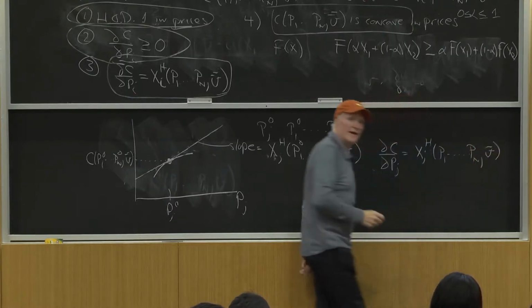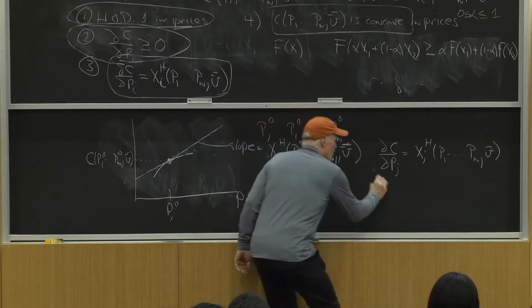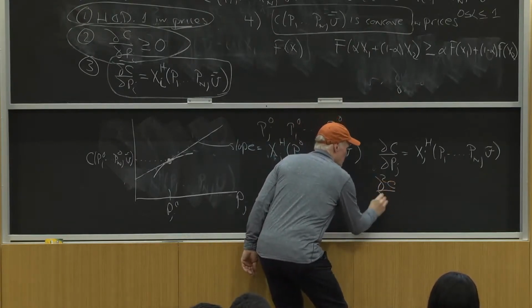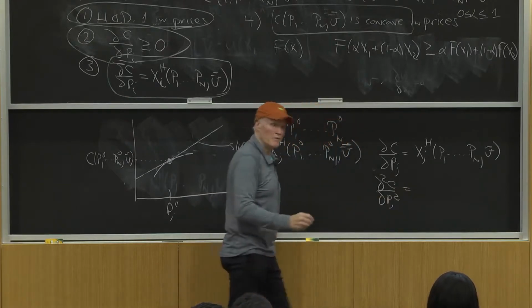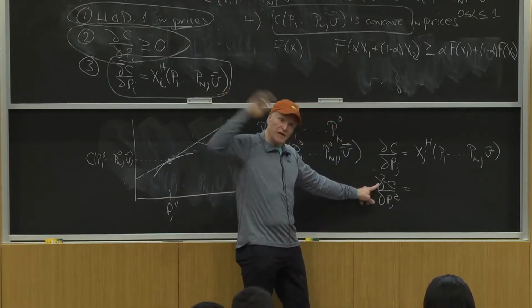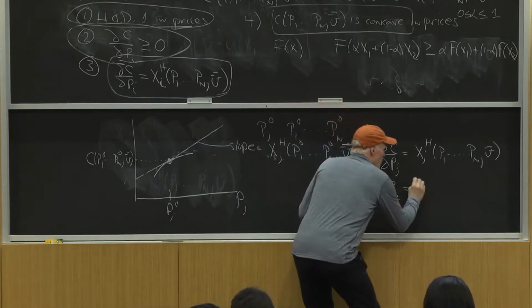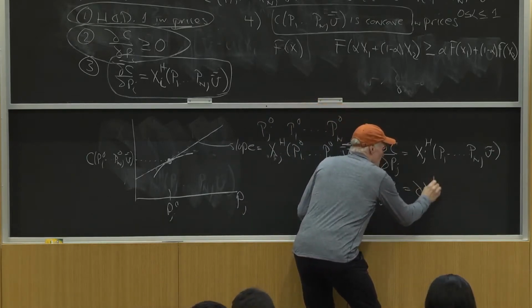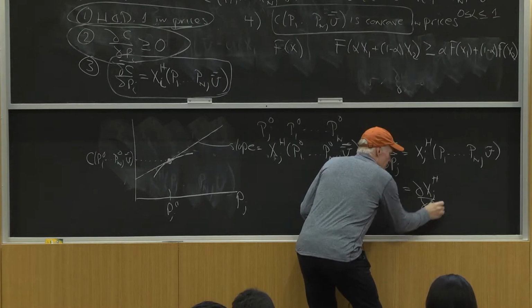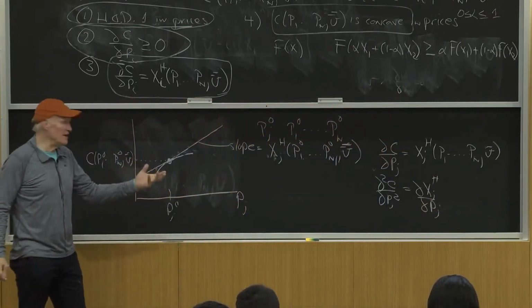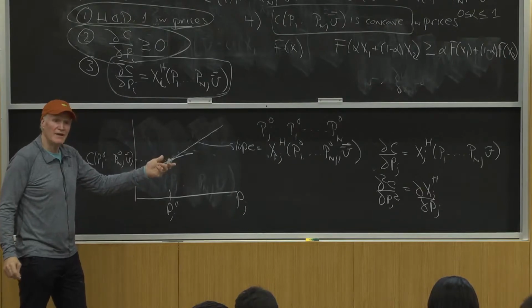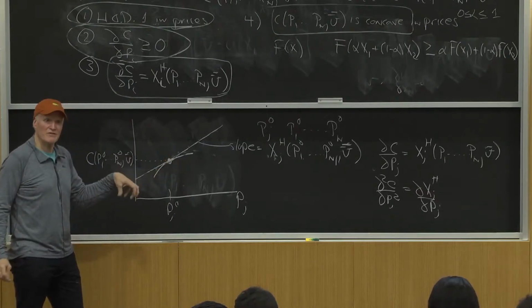You agree with that, right? So then the second partial of C with respect to P_j squared, which is how curved it is, would be equal to the partial of x_j^h with respect to P_j, which is how responsive the quantity of good j is to its price.